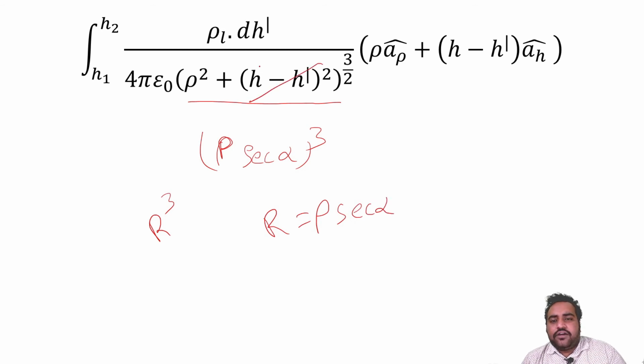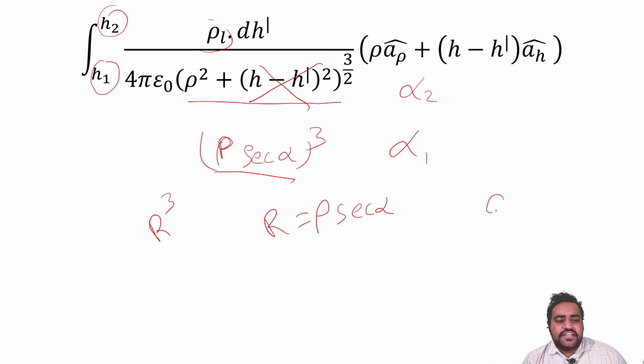So this entire expression I can write as rho secant alpha cubed. Right? Rho dl is still the same. So instead of integrating from h1 to h2, I'd be integrating from alpha 1 to alpha 2.